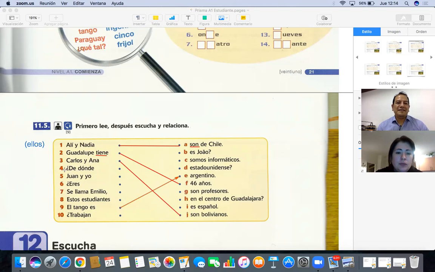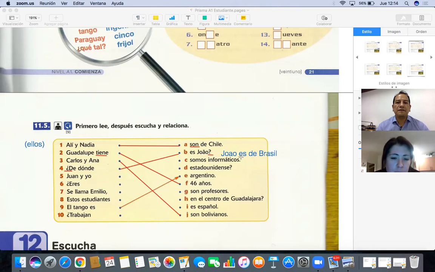Good. And then this is a question. Esto es una pregunta. So we either put de or be. I think we put be. ¿De dónde es Joao? So Joao es una persona, so he, that would be él. Él es de Brasil. So I'm saying, where is Joao from? This de means from.